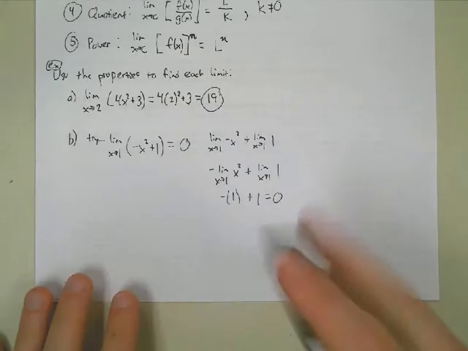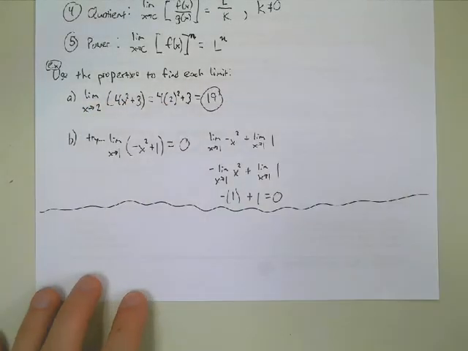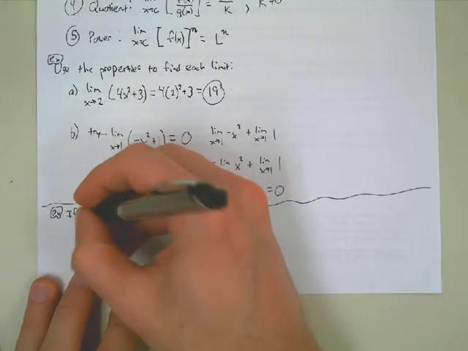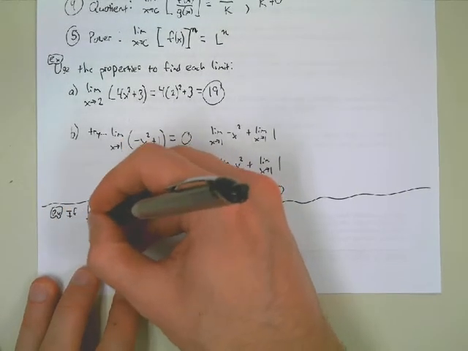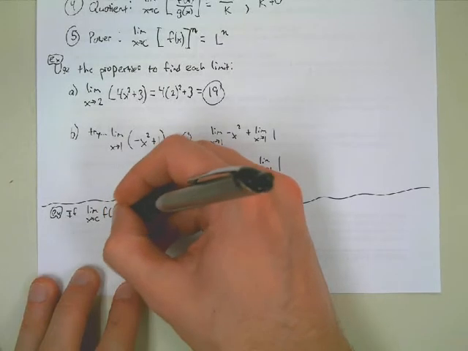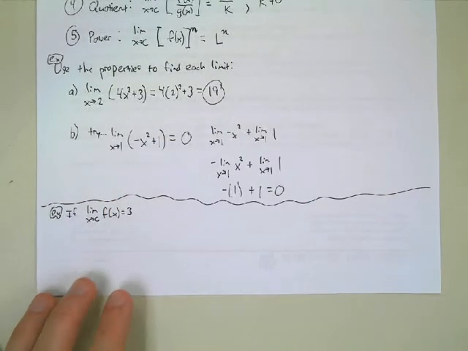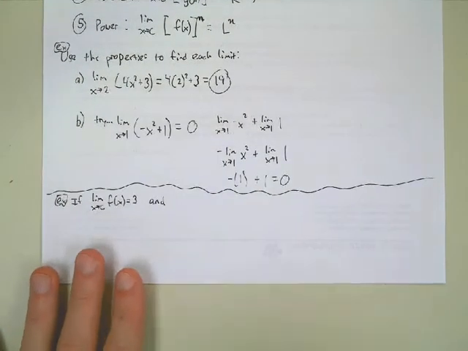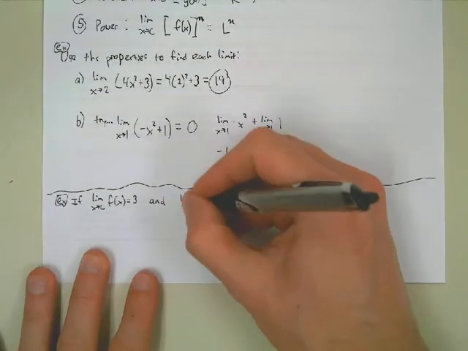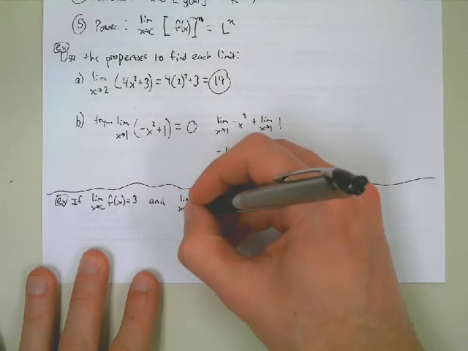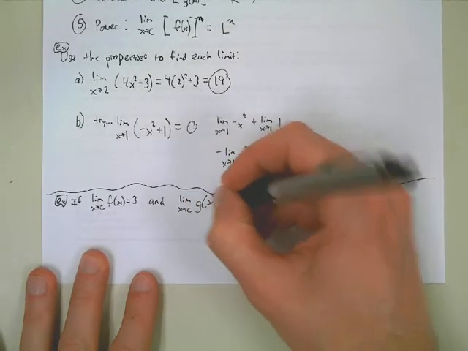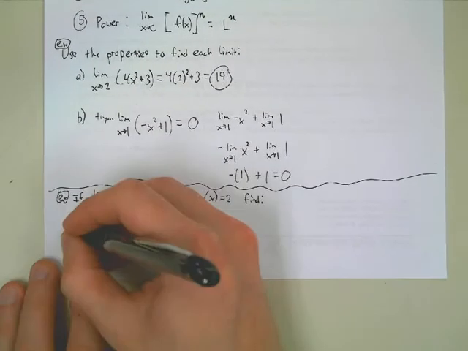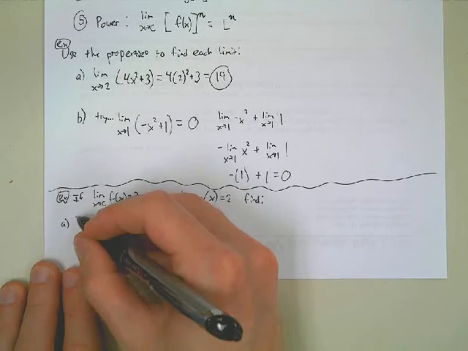Okay, I have one more little example, and then I'll give you the homework, and hopefully I can squeeze it in here. So, if the limit as x approaches c of f of x is 3, notice I'm not giving you f, and the limit as x approaches c of g of x is 2, find the following.